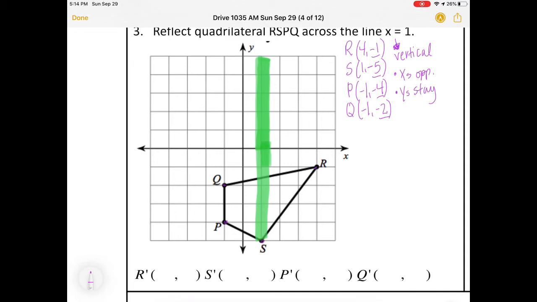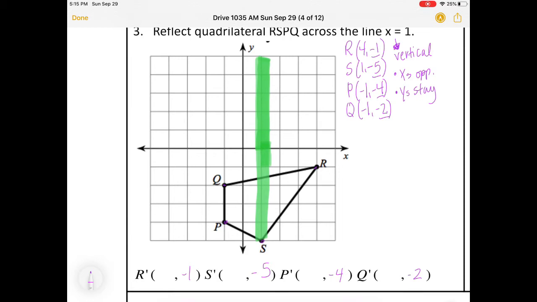So I can go ahead now and copy those down here: negative 1, negative 5, negative 4, negative 2. But the x's are what's going to be different here. First thing we know is they're opposite, so 4, 1, negative 1, and negative 1 all become opposite.